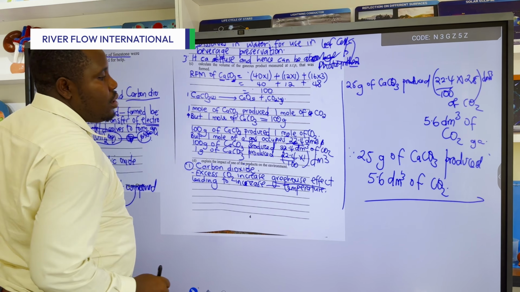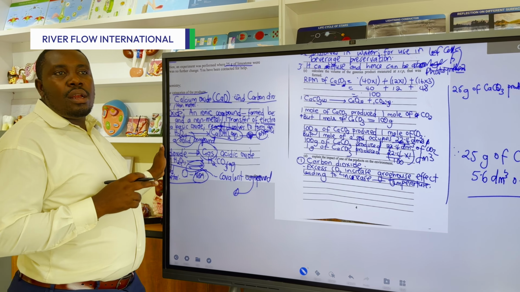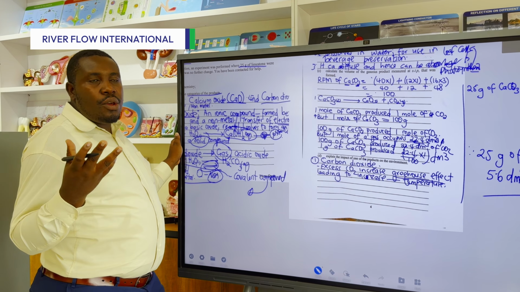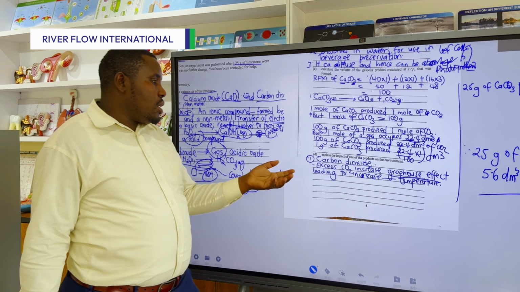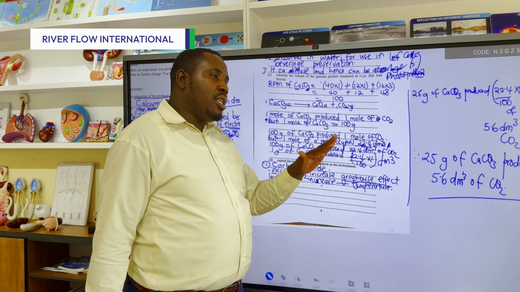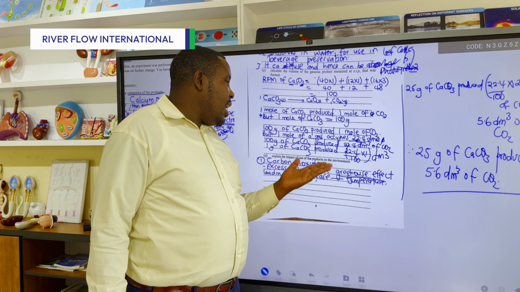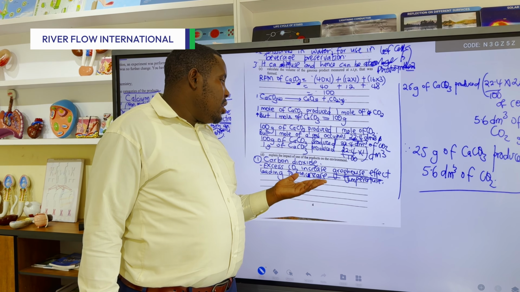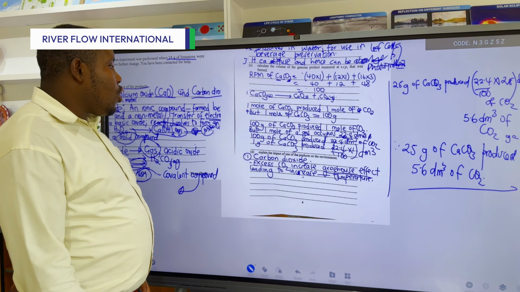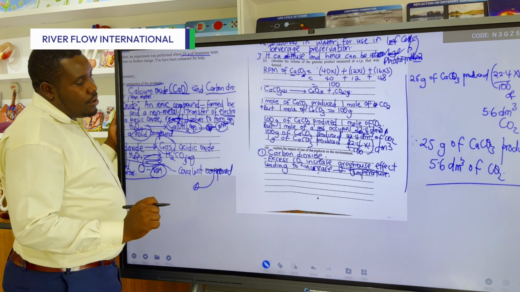How does this come about? The more carbon dioxide is released into the environment, the more it destroys the ozone layer, and therefore the more heat is captured under the sky, and therefore we experience a lot of heat, something we call the greenhouse effect.